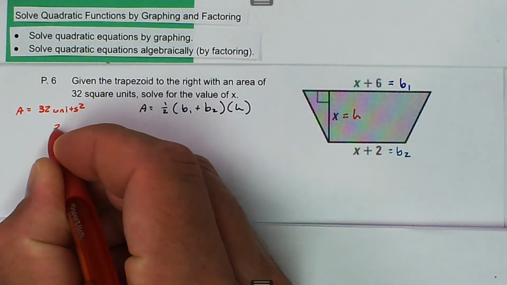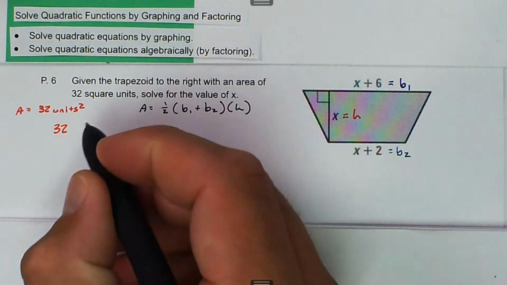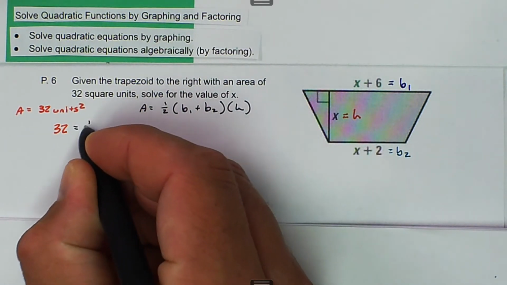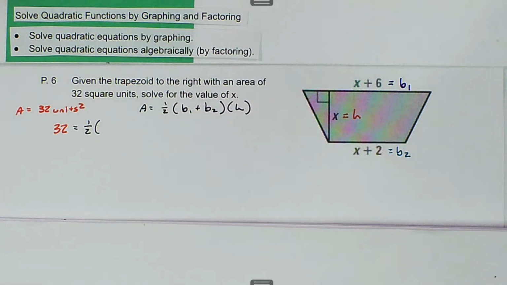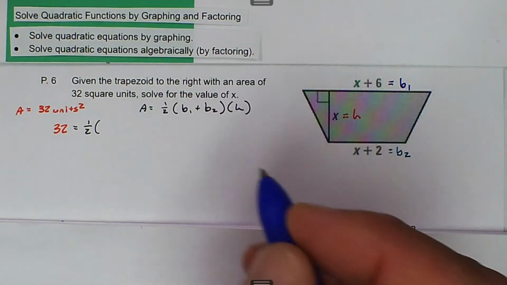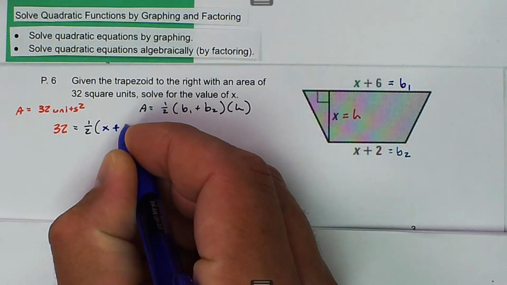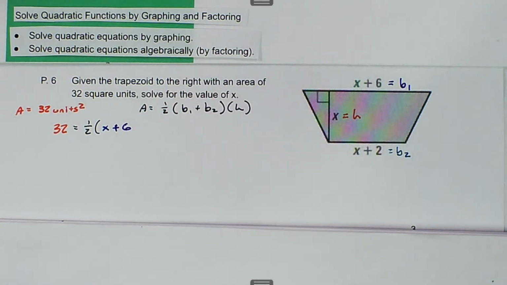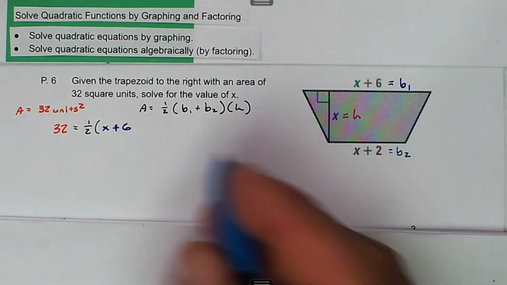So we're going to say 32 is equal to 1/2, because we're taking the average of base 1 and base 2. So B1 is going to be x plus 6, and we're going to add that to B2, which in this case is x plus 2.